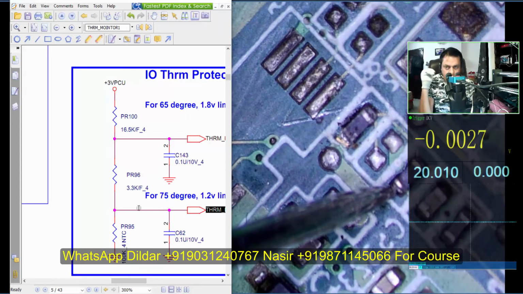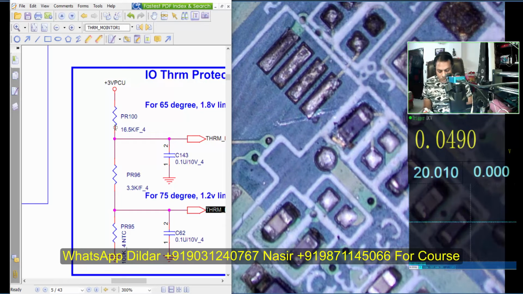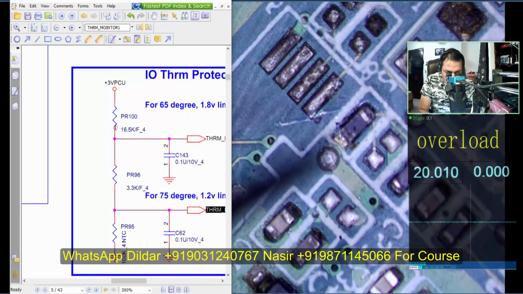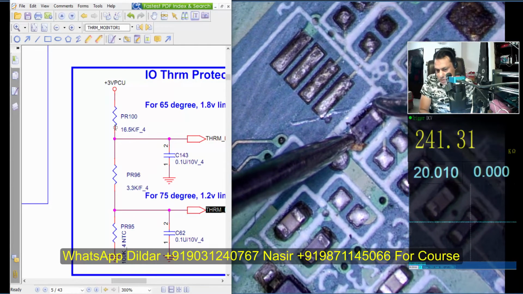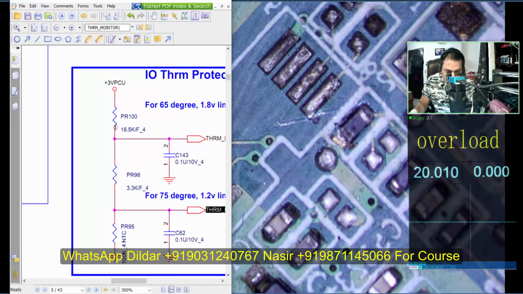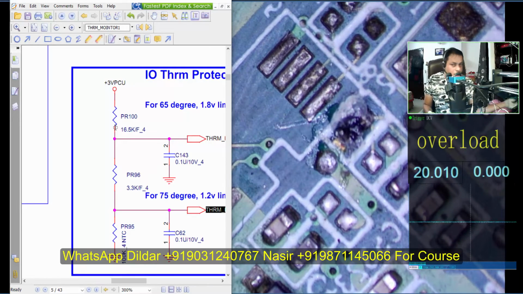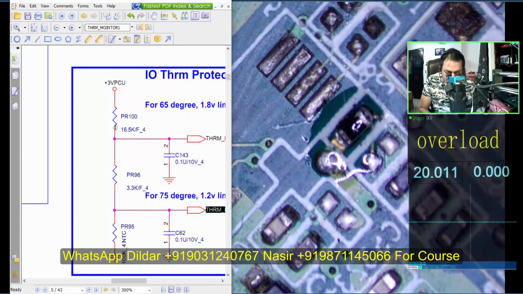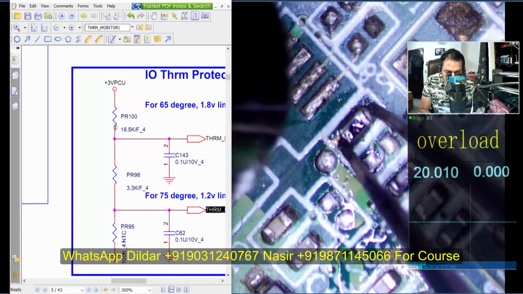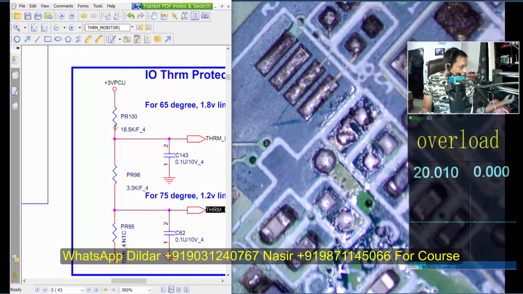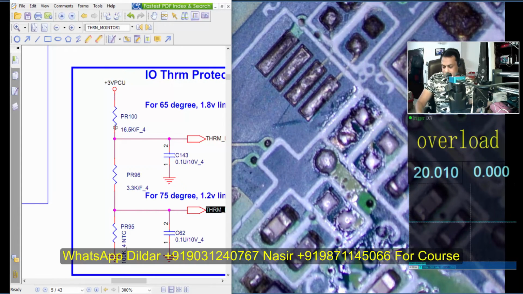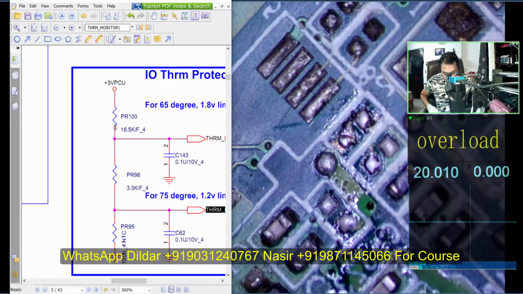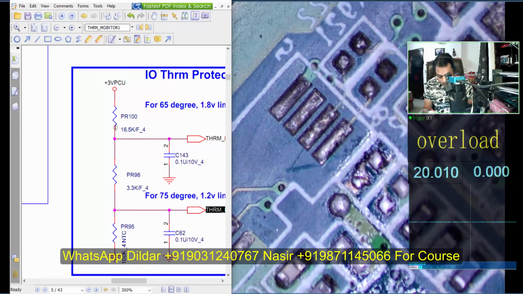This one is what? 100 ohm. Too much. One 100 kilo.